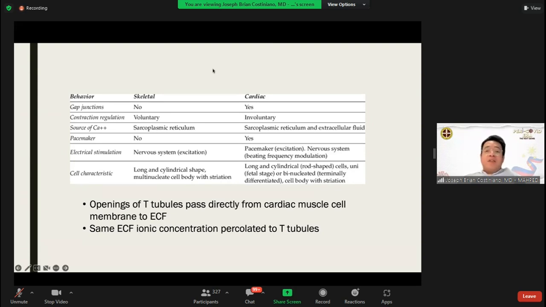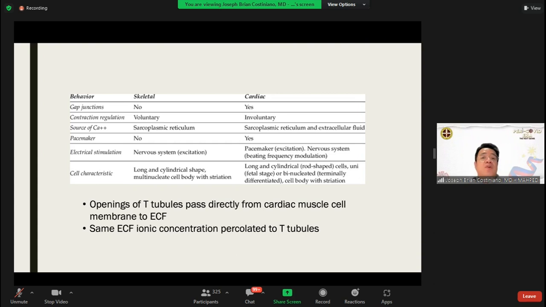Meanwhile, the source of calcium for your cardiac muscle is your sarcoplasmic reticulum and extracellular fluid. Kaya po, pag meron po tayong pasyente na may hypokalemia, we give them calcium gluconate in order to stabilize your cardiac muscle cell.